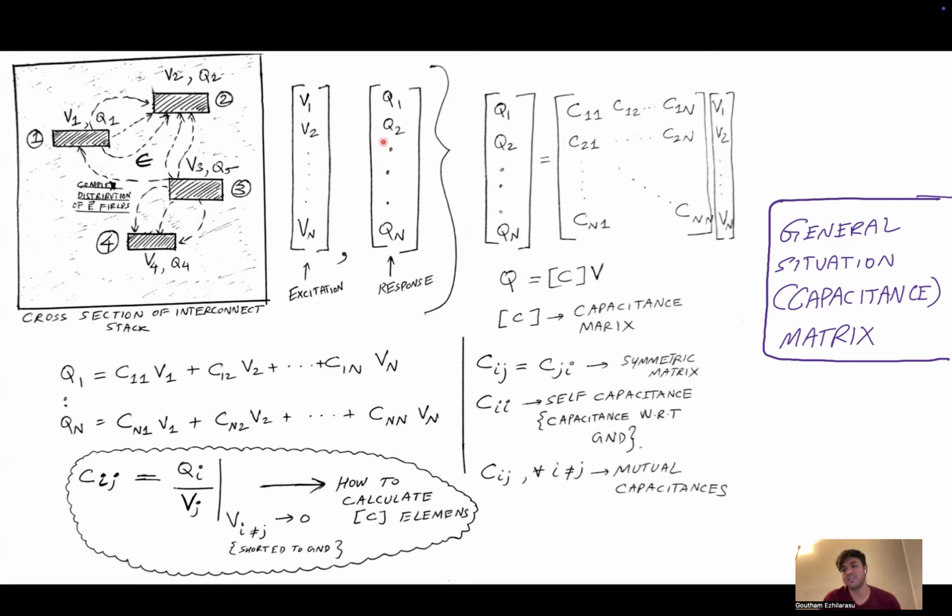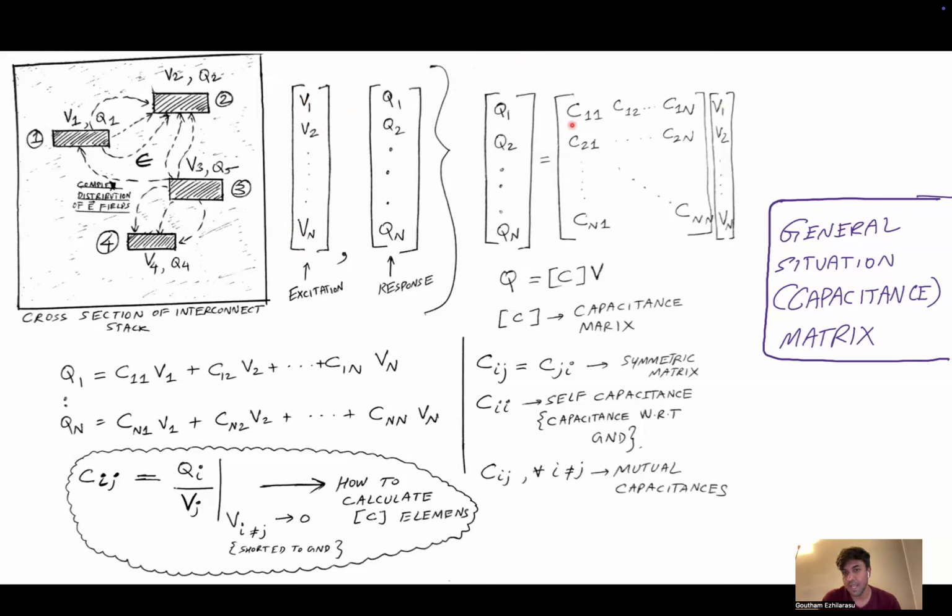So remember, Q is CV. So the charge on a capacitor is C times V, and therefore, if you write the voltage as a vector, with V1, V2 up to Vn being the voltages on the n different conductors, and Q1, Q2, Q3 up to Qn as the charges on each one of these n conductors, then the charge vector is related to the voltage vector by the capacitance matrix.